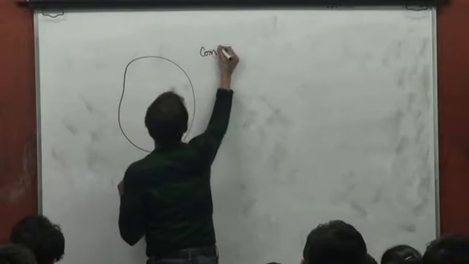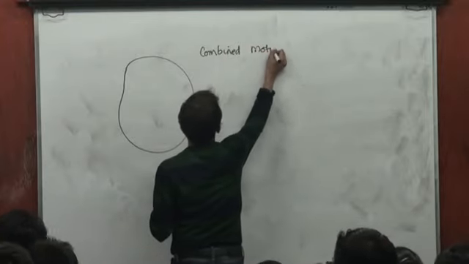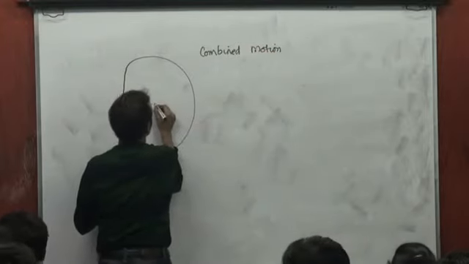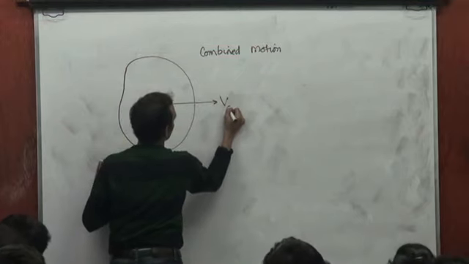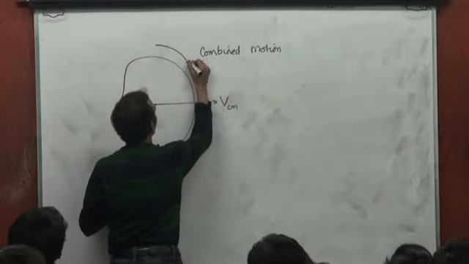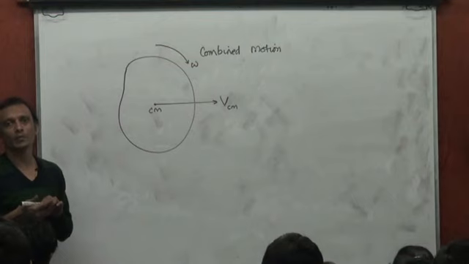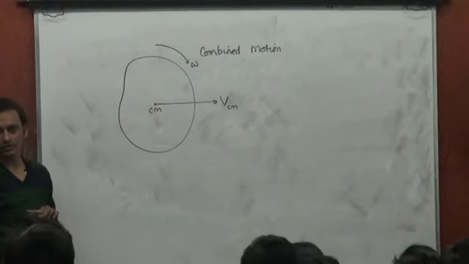Now, in combined motion, this is combined motion, general rigid body motion, with VCM and omega.